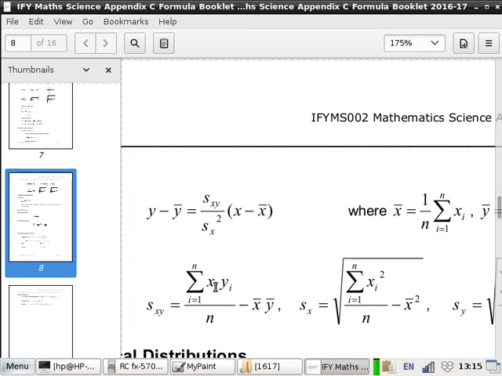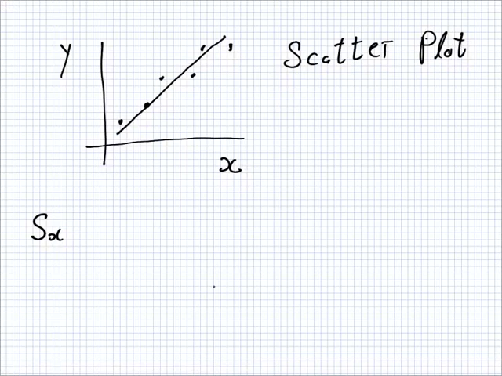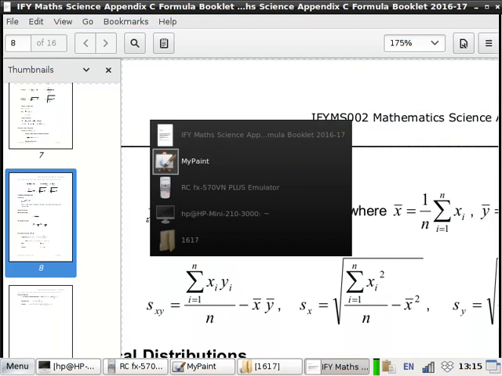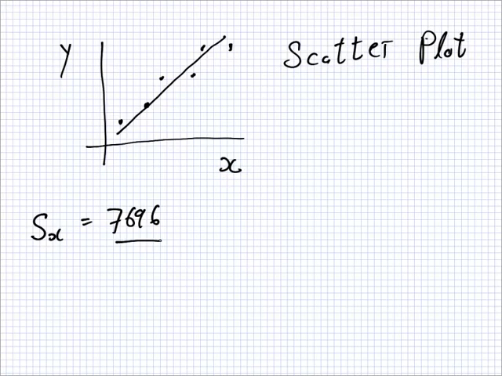It's 7696. So this is 7696 over n, 10, minus.